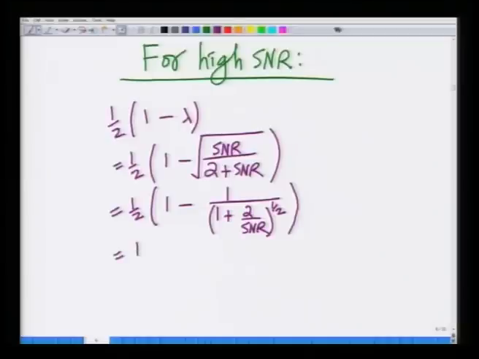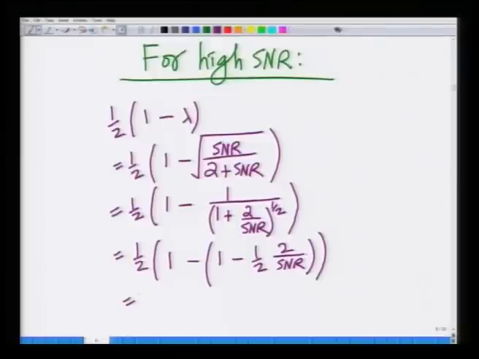That approximation is 1 minus (1 plus 2 over SNR) to the power of minus half, which is 1 minus (1 minus half times 2 over SNR). The ones cancel, so the net becomes 1 over 2 SNR.